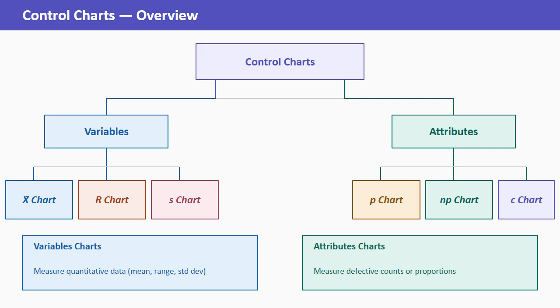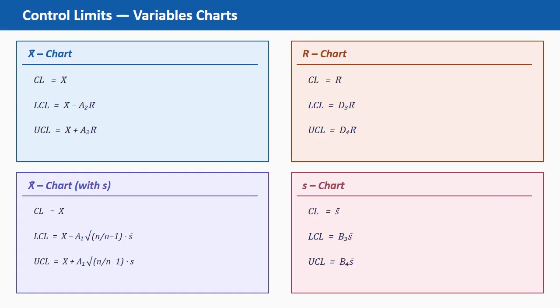For example, counting the number of defective items or the number of errors in a process falls under attributes charts. So under the variables charts, we have the X bar chart, R chart and S chart. And similarly, under the attributes charts, we have the NP chart, P chart and C chart. Each of these charts has a specific purpose, and choosing the correct chart depends on the type of data we are working with. Now let us understand the classification in more detail.